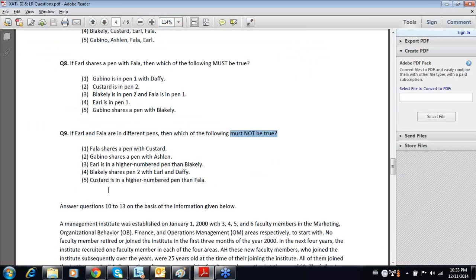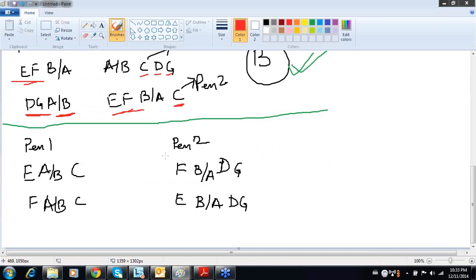We have options for must not be true. We have first option, F shares pen with C. Okay.